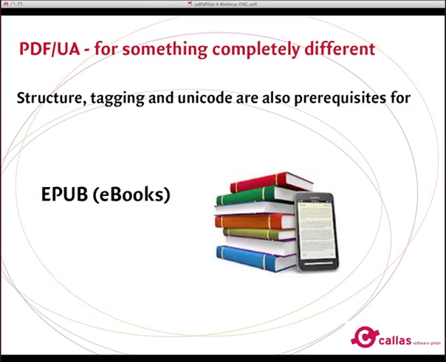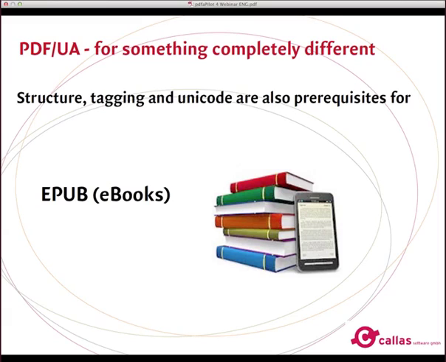But what has this to do with ebooks and EPUB? This is obviously a completely different area of application. So from a user standpoint, it has nothing to do with each other.